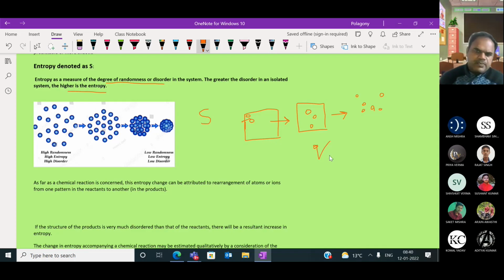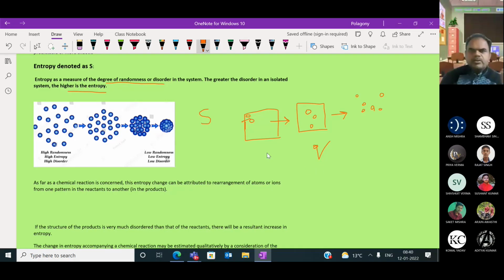Heat is the main reason for this randomness, am I right? What could be the reason for the disorderedness, the messiness of the system? The molecules are messed up with the energy available in the surroundings. Got the point? Where does this energy come from? From the surroundings only, no?